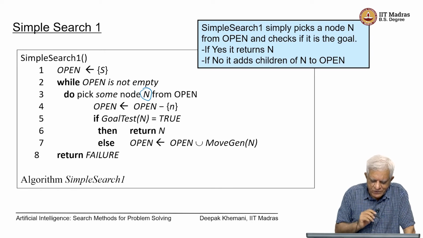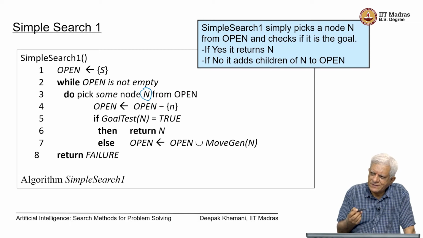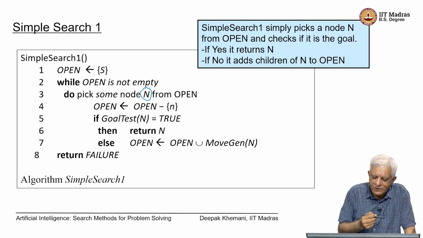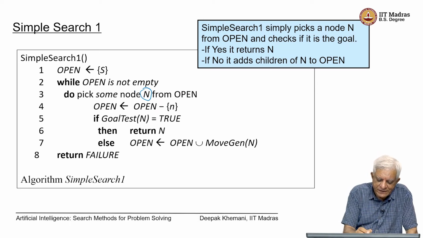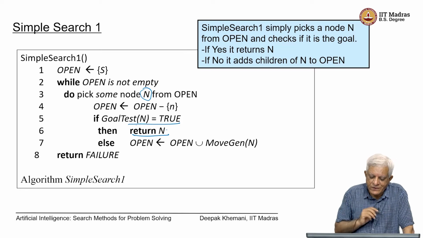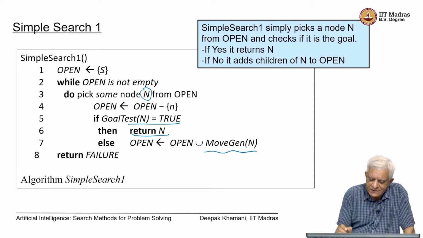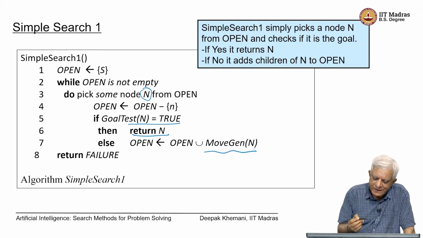We are going to look at this node. The algorithm is for generate and test, so you have picked the node N and now you are testing whether N is the goal. If N is the goal, then we return N. We have found the goal node. Otherwise, we call the move gen function to generate the neighbors of N and add those neighbors to open.